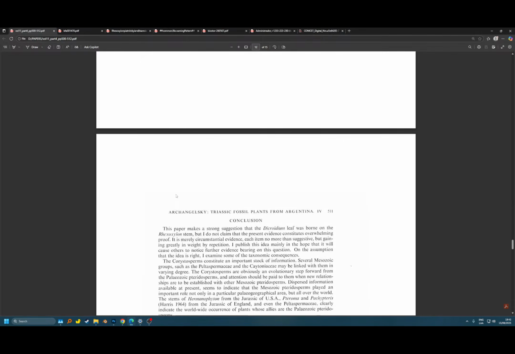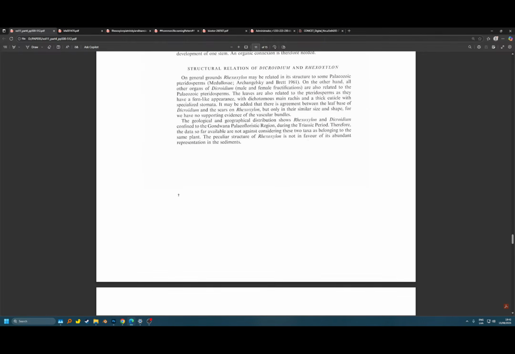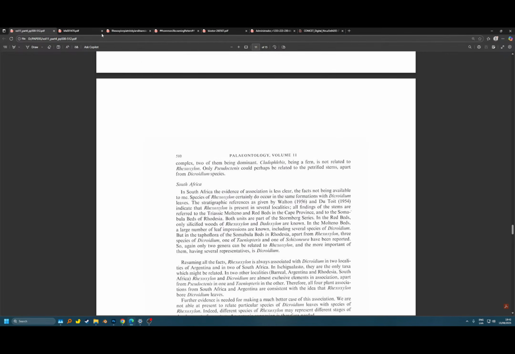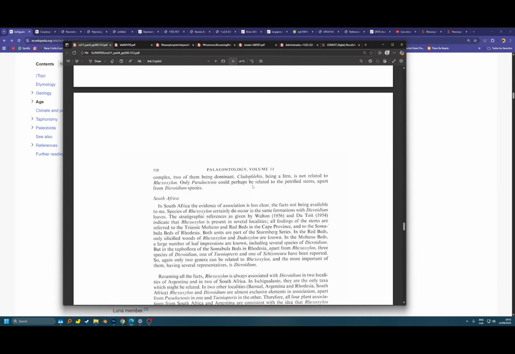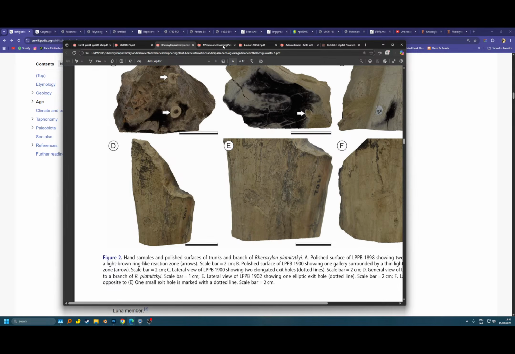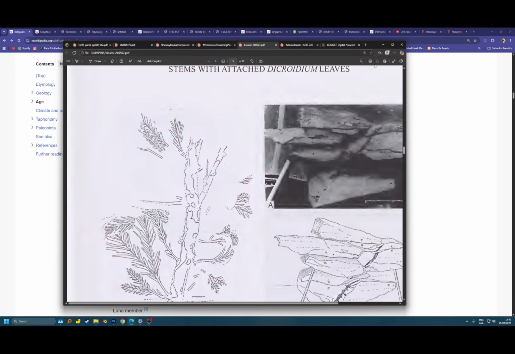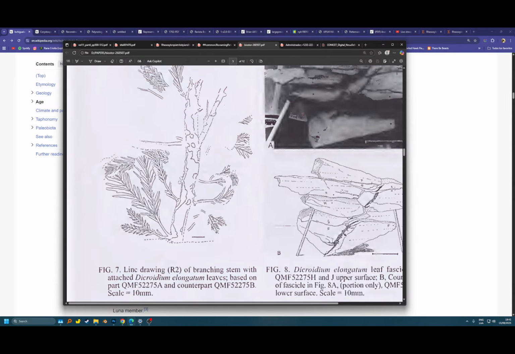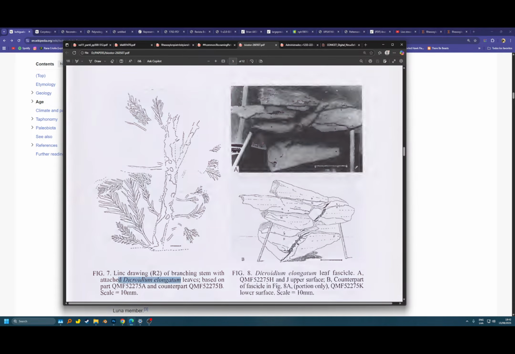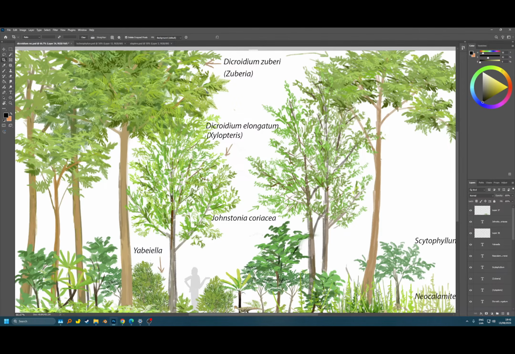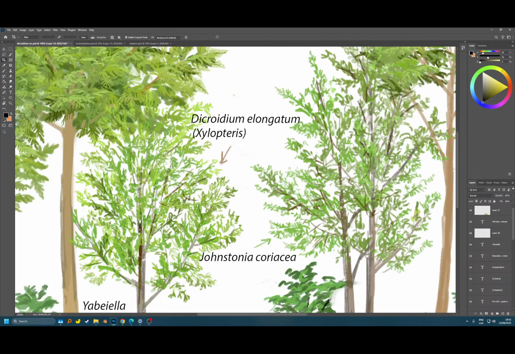We need to keep in mind, first of all, that this Ischigualasto formation has species of Dicroidium that have evidence of branching in other sites. This species is also present in Argentina. Dicroidium elongatum also lives along Suberia, the bigger one, the 60 centimeters long leaves.